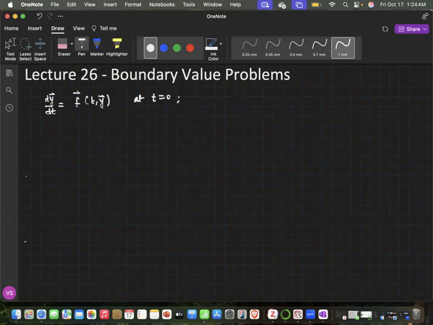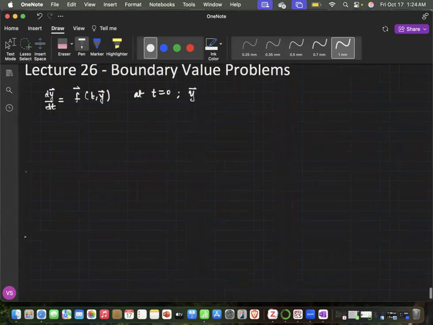So if we know the value of the dependent variable y at the initial time, which is the initial value, we can definitely solve this problem using the methods that we've learned so far. However, it is not necessary that we always have problems where just the initial value is known.